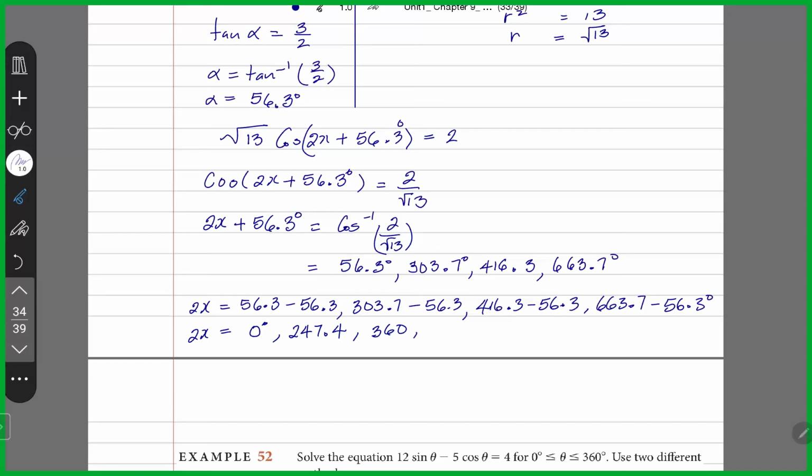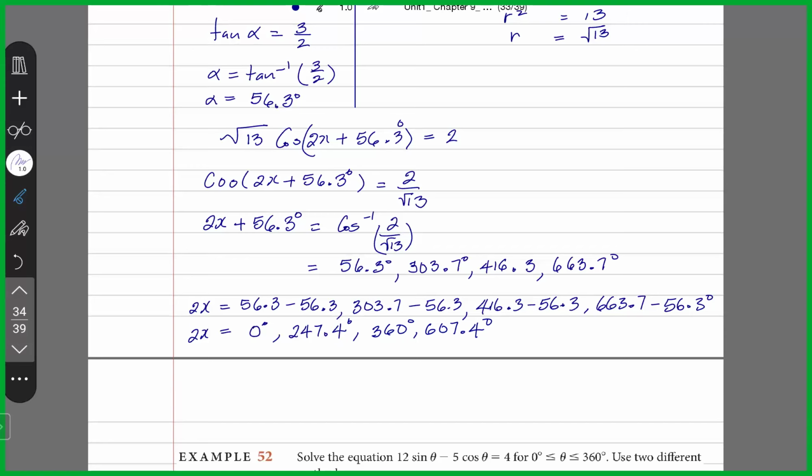And the next one is 663.7 minus 56.3, which is 607.4 degrees. Remember, the examiner says he wants answers between 0 and 360 degrees. But we're not finished.